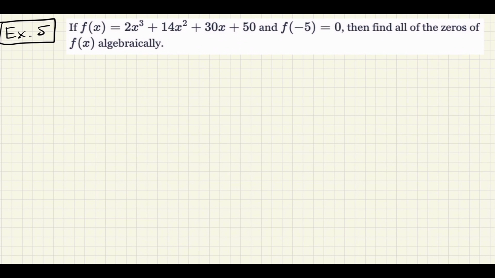Okay, so you need to find all the zeros. If I'm doing this problem, where should I start?